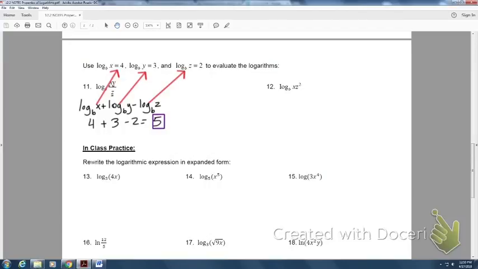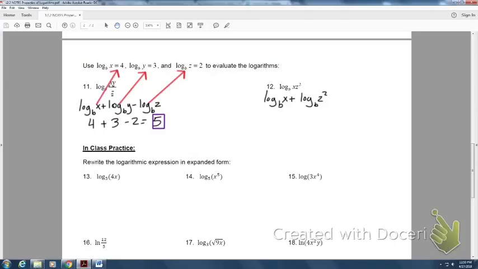Okay. Going to 12. So here you've got this. So I'm going to expand it first. I've got two bases. So I'm going to have log base b of x plus, because it's multiplication, log base b of z squared.